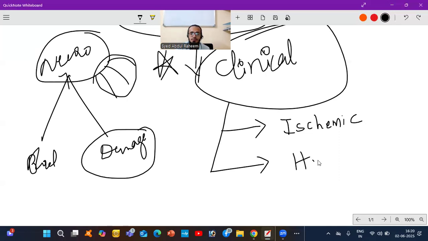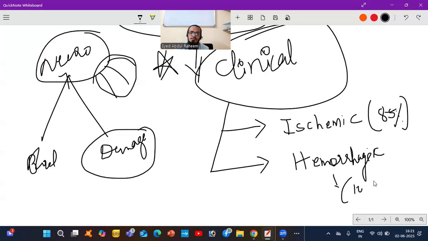In most cases, the patients have ischemic stroke, 85%. In hemorrhagic, 10% of cases. The other 5% are other cases. But most persons suffer with ischemic stroke, blockage of arterial supply to a certain part of the brain.